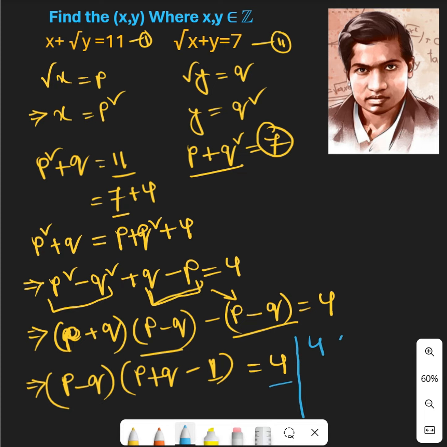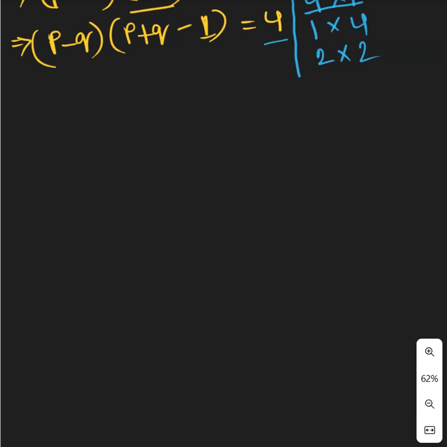We could write 4 times 1, which is 4, or 1 times 4 is 4 as well, or 2 times 2 is equal to 4. It means either 4 times 1 is equal to this part, or 1 multiplied by 4 will be equal to this part, or 2 times 2 is equal to this part. So we actually have 3 cases.